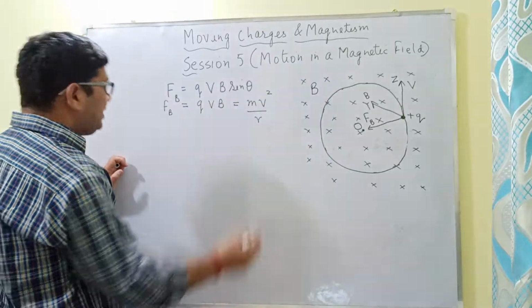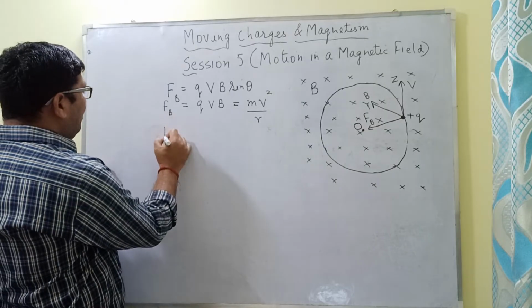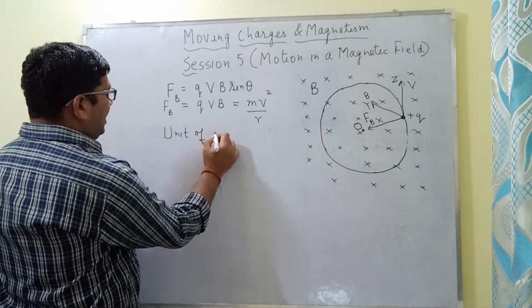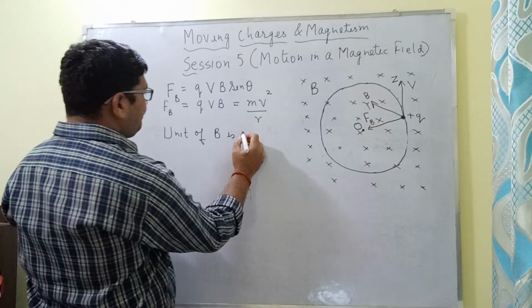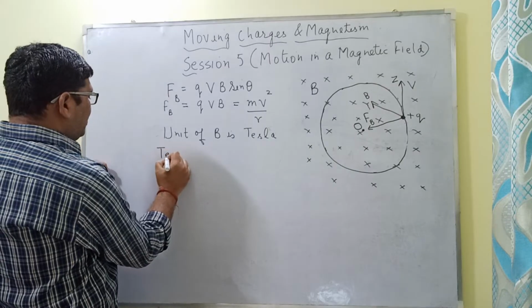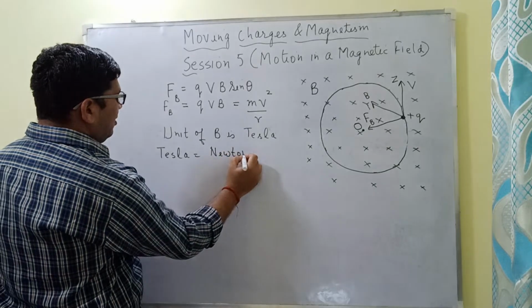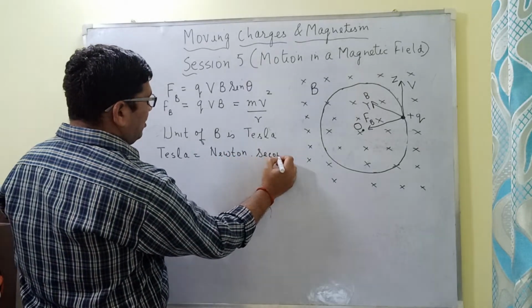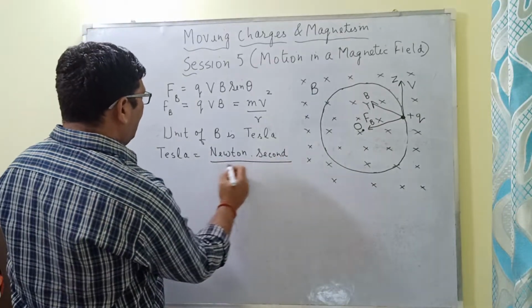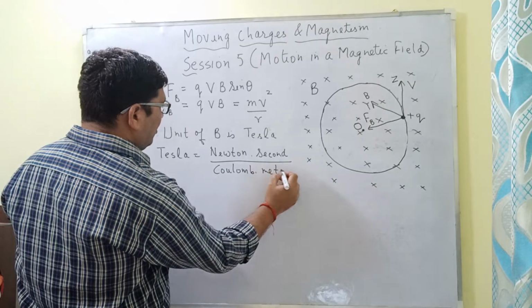One more thing, the unit of magnetic field B is Tesla, and 1 Tesla is equal to Newton second divided by Coulomb meter.